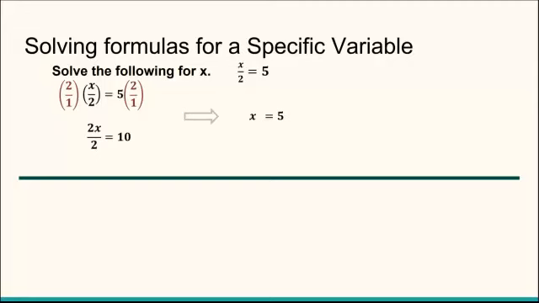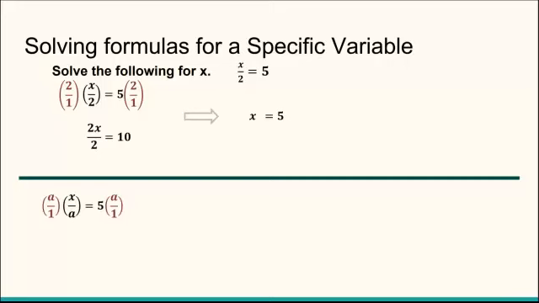Now, since we know how to do that one, let's look at this one. It's a little different, but pretty close to the same. Instead of a 2, I have x over a. I'm going to do the exact same thing. I want to get x all by himself over there on the left. So I will multiply both sides by a over 1.